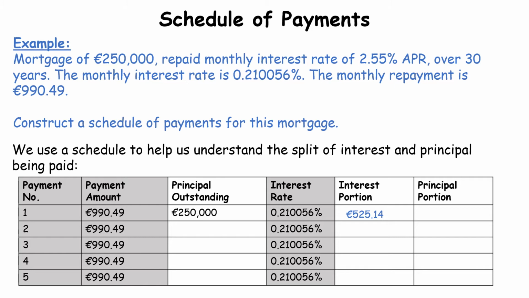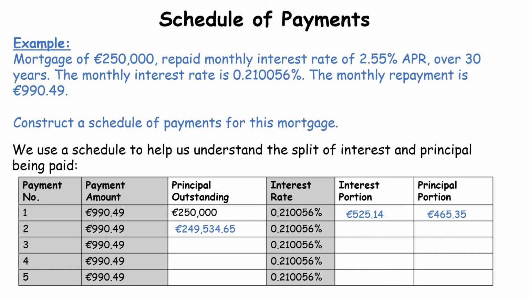So to work out the principal, we simply take 525.14 away from 990.49. That gives me 465.35 of principal paid. So how much principal is outstanding? Well, we had 250,000. I've now paid 465 euro and 35 cent. So there's 249,534.65 and we start the process again.